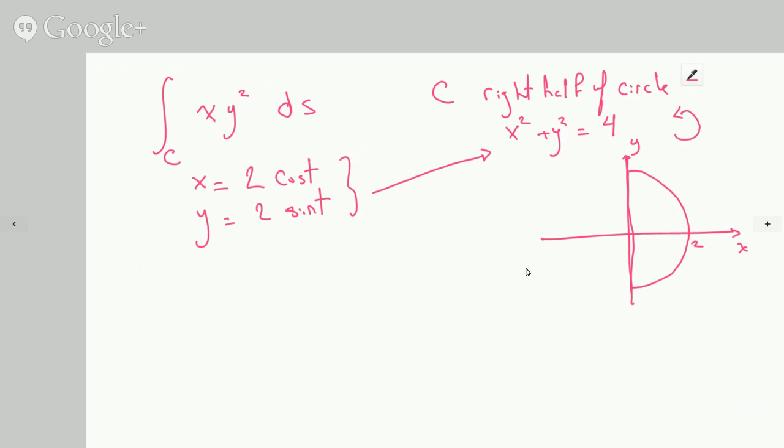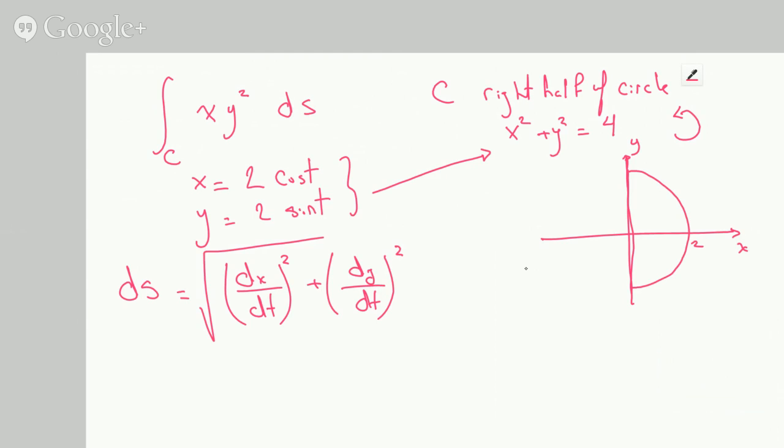So now we can rewrite our ds, which is the length element of our curve C, as the square root of dx over dt squared plus dy over dt squared.